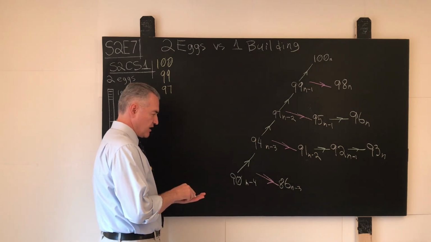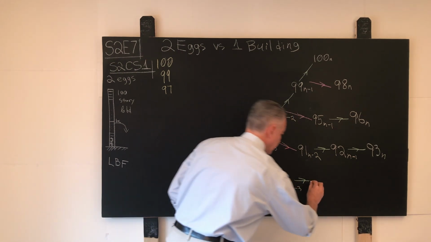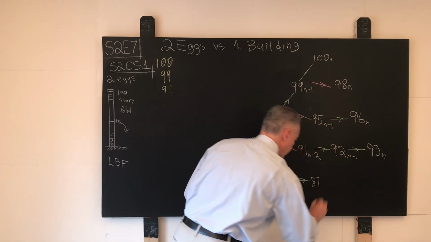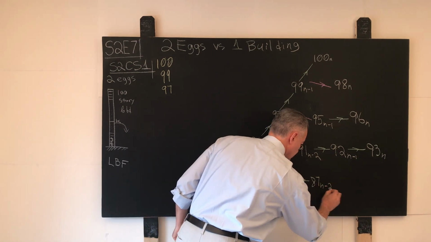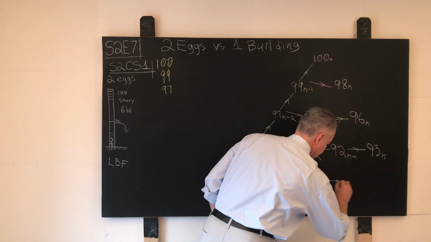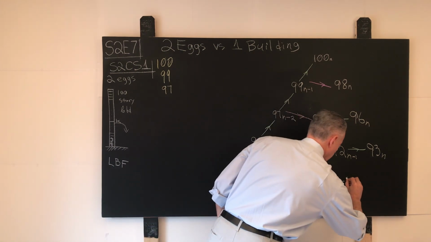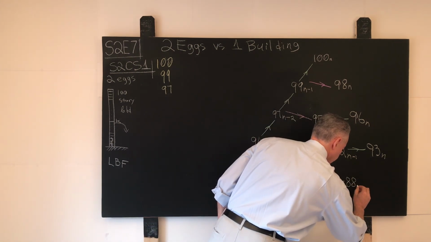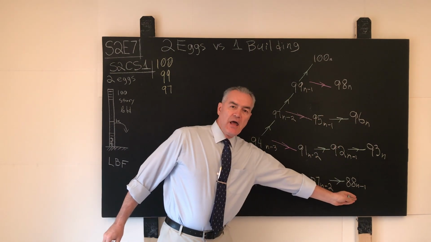If the egg survives that drop, we climb up to the floor number 87, from where we execute the drop number n minus 2. If the second egg survives that drop, we climb up one floor at a time to the floor 88 and execute the drop n minus 1.